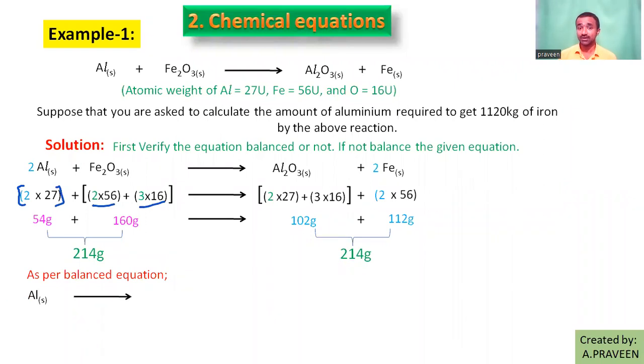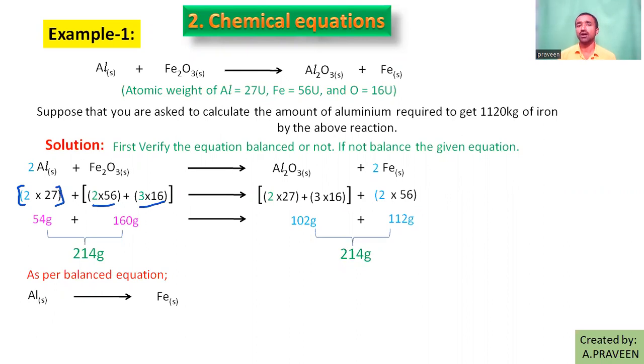Then go to your question again: required to get, is it a product or reactant? Product. Getting what? Iron. So towards the product side I can write iron. This is my relation, between aluminium and iron. That's it, completed. If you identify the relation, it is very easy. Your problem is more than half done.